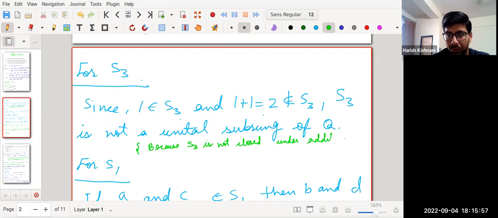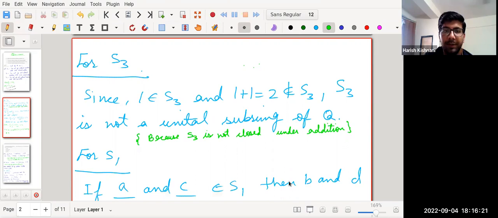If it is not closed under addition, it's not even a group under the additive operation. If it's not an additive group, then it's not going to be a ring.